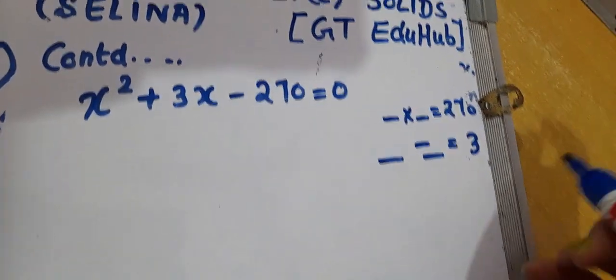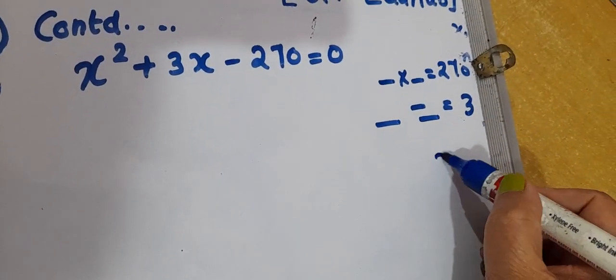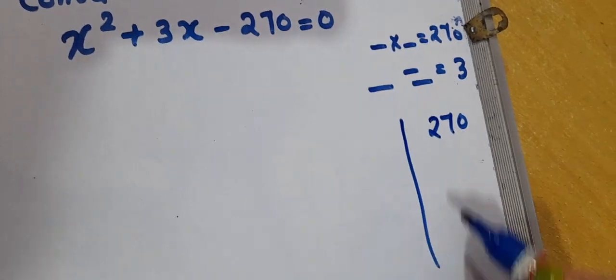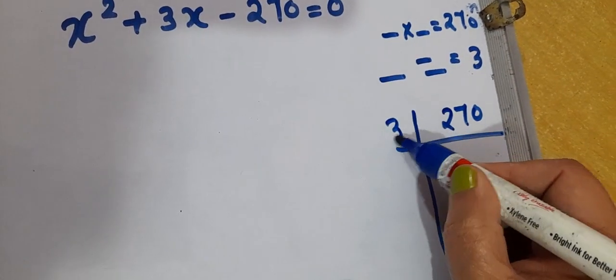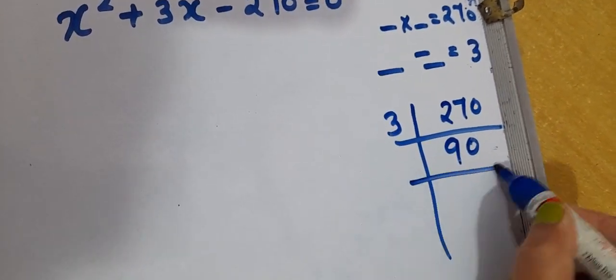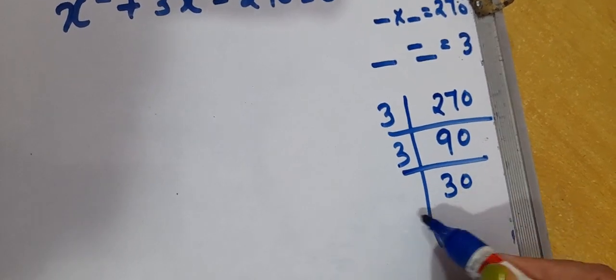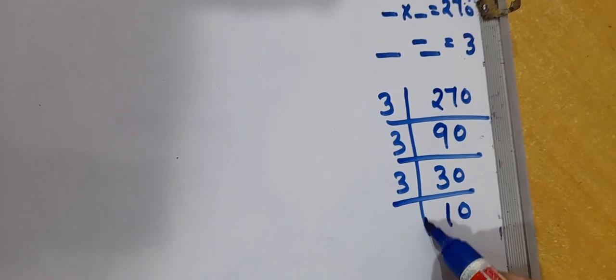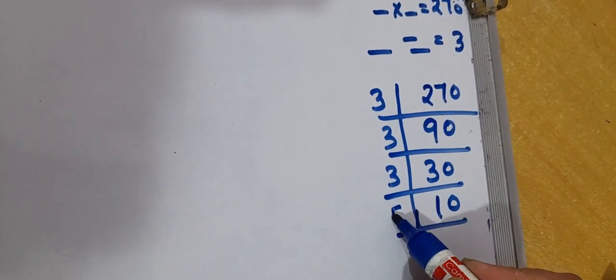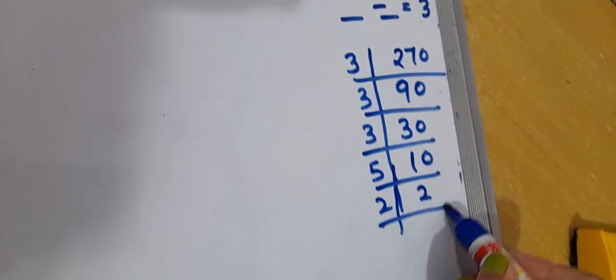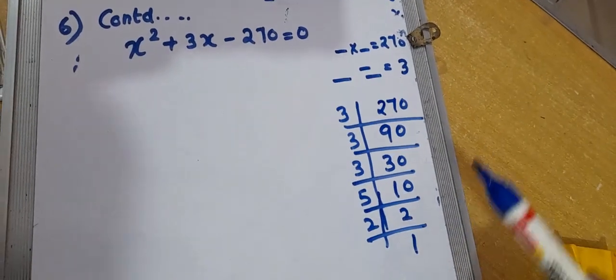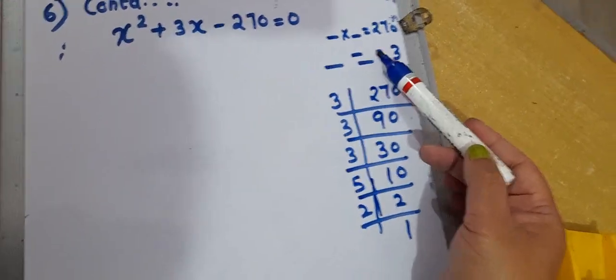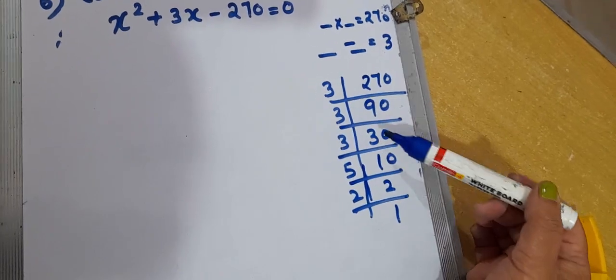To find these factors I will do prime factorization of 270. 3 nines are 27, 3 tens are 30, then again with 3 you get 10, then again with 5 you get 2.